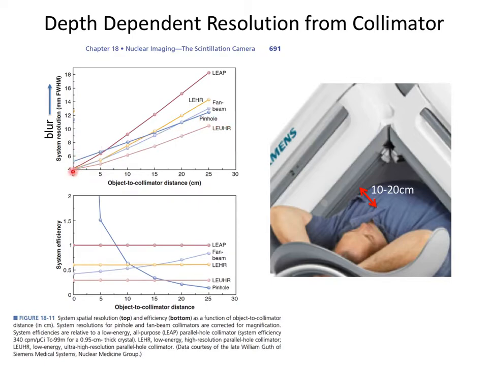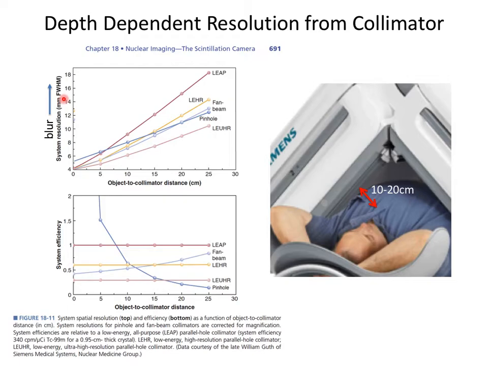The issue is, as you move deeper into the sample, your blur gets worse. They label this in the book as system resolution as measured by full width at half max. If I had a dot that emitted radiation, what does that dot look like on my final image?